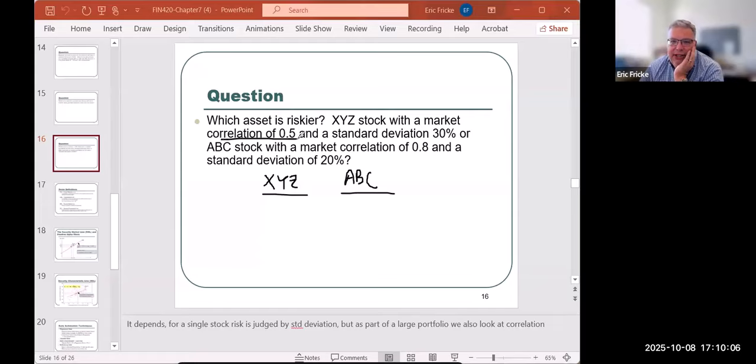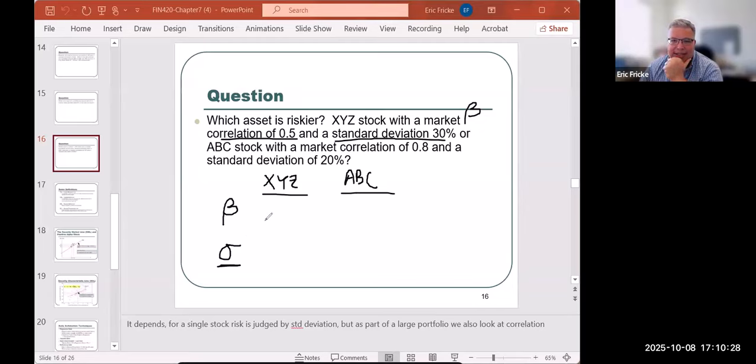The market correlation, you know, really, I should just say beta there. Let's call it beta. So we've got beta, and we have standard deviation. Okay, so this is standard deviation, Greek letter little s, sigma, all right?